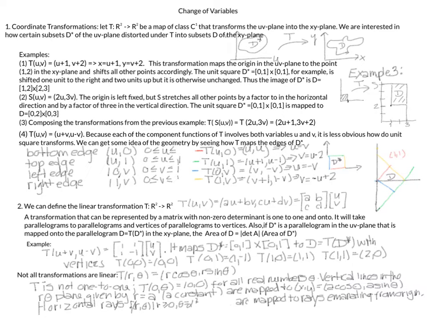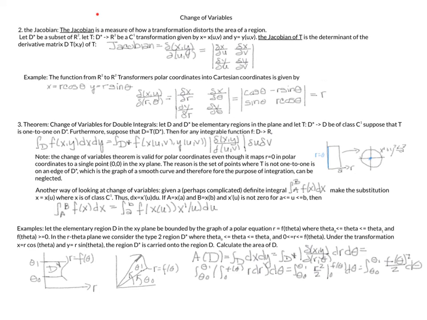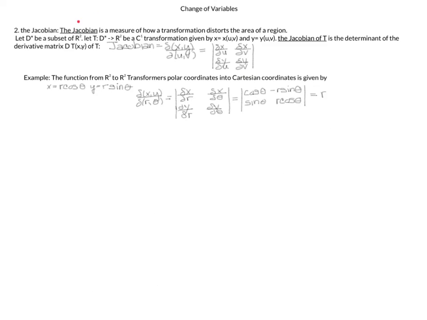So basically, it's not one-to-one, and lines get mapped to arcs and circles, and so it is not a linear transformation, but very useful. Our next topic is the Jacobian of a transformation. The Jacobian is a measure of how a transformation distorts the region of the area, and in particular, here's the formula for the Jacobian.